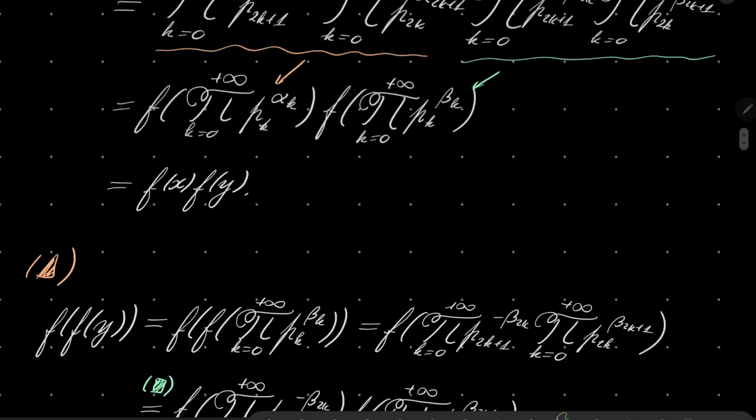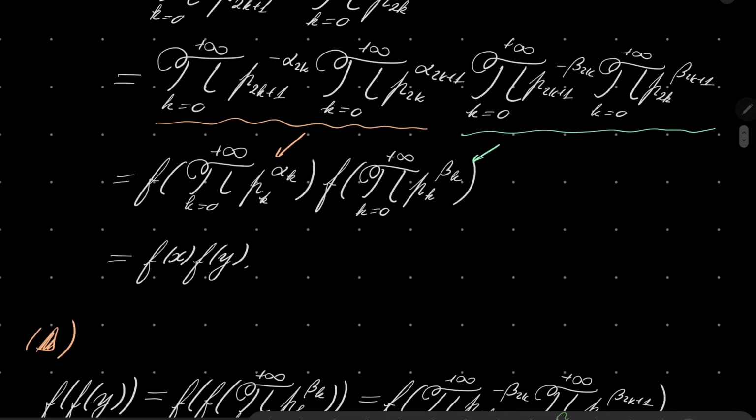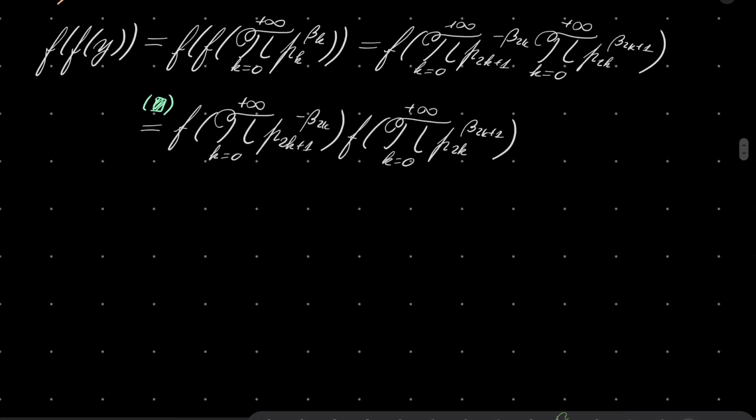Yes, I have replaced it exactly right. And now let's take a look. In the first product, we have only primes with odd indices, and these primes are mapped to primes with even indices, the previous primes, and the exponents stay the same.